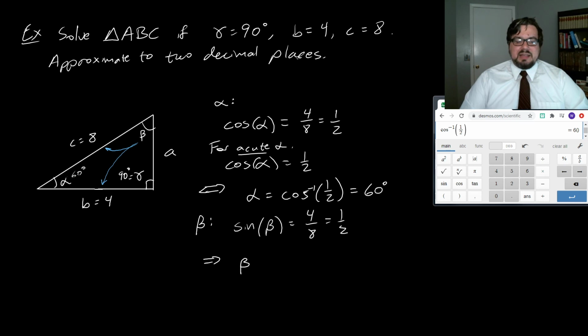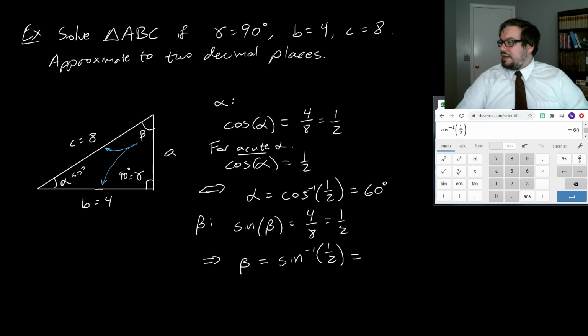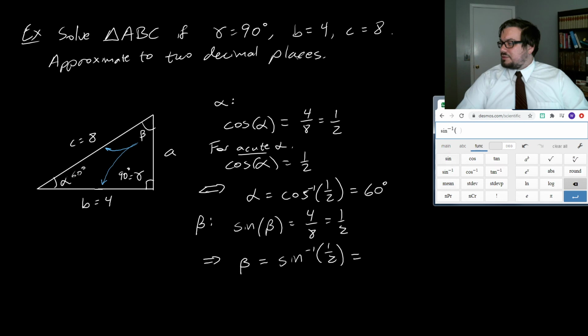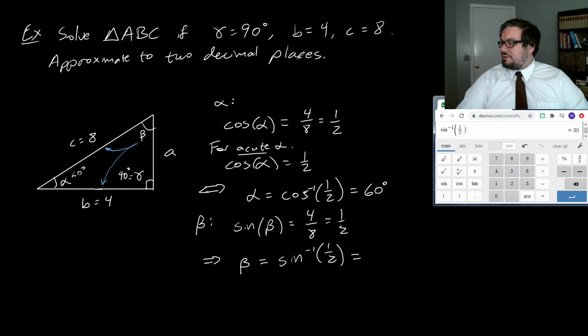But this means, again, that since beta is acute, beta is going to be inverse sine of 1/2. And again, we can go to the calculator and say that we want inverse sine of 1/2 and see that that's 30.